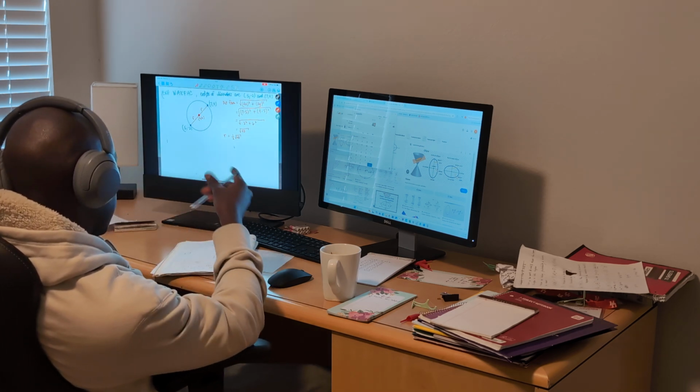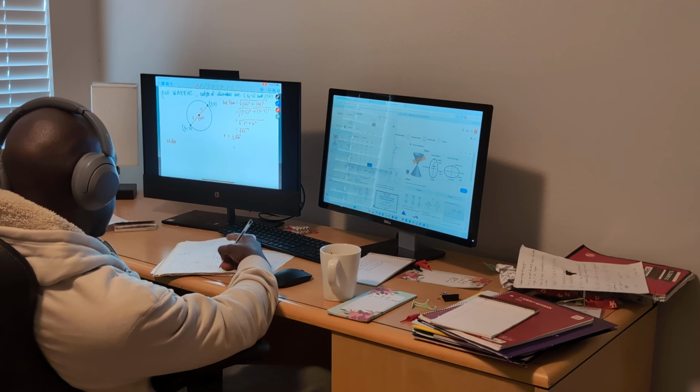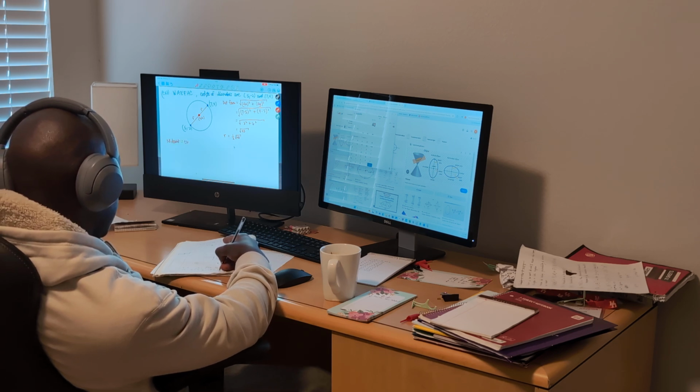And then you need the midpoint formula to find the center.